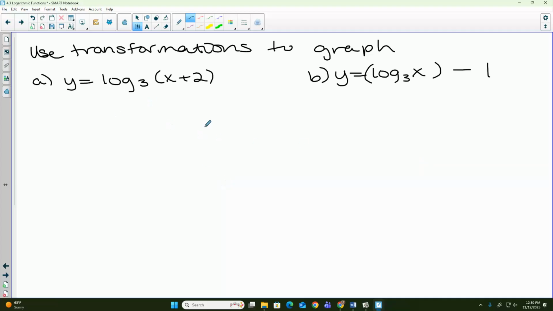So for these, if I'm going to use transformations, I need a parent function. What's my parent function going to be for both?